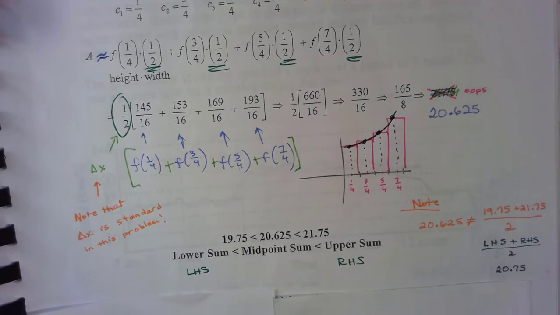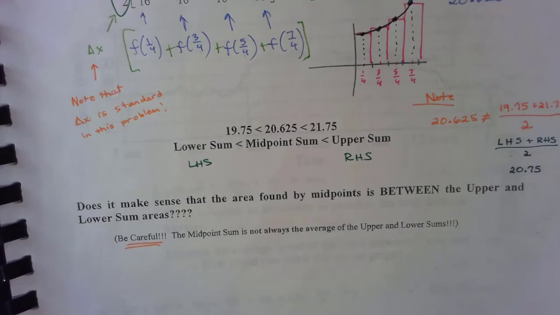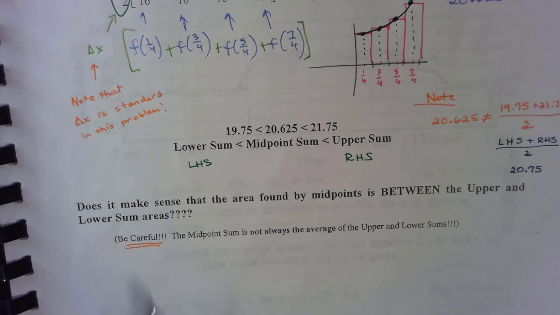The average of my upper and lower sum, and in this case, the left-hand and right-hand sum, is 20.75, which is not this. So we're going to talk about this in upcoming events. Now, does it make sense that the area found by the midpoints is between the upper and lower sums? It does for this problem. Again, be careful. Midpoint sum is not always the average of the upper and lower sums.